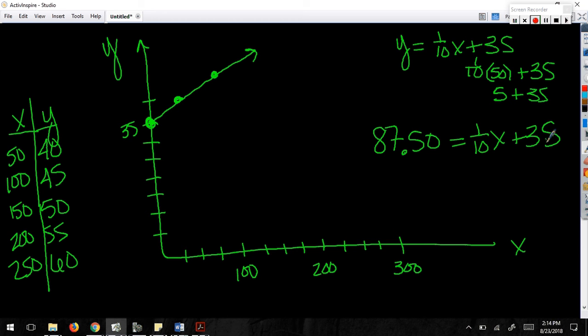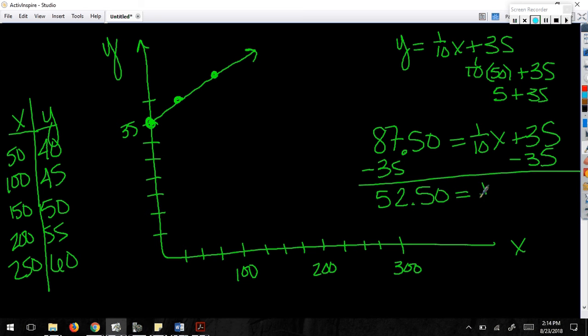What do I do? Minus 35. You're just solving for x. Yes, absolutely. This is 52.50. How do you get rid of a fraction like that? Reciprocal. Multiply both sides by 10.